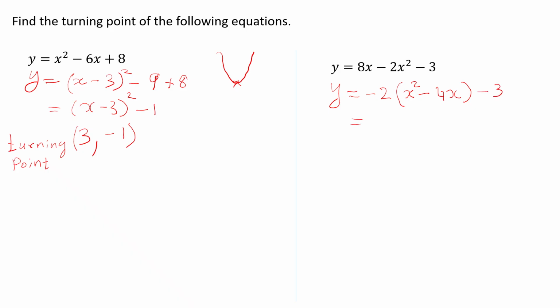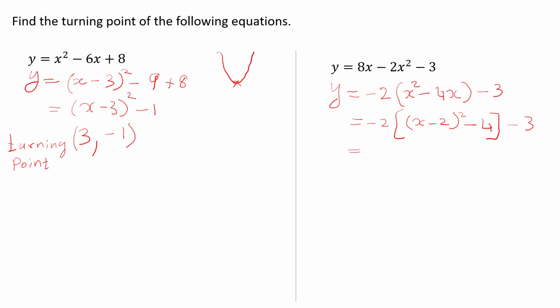Now I'm going to complete the square: minus 2 times (x minus half of the x term, which is 2, squared, then take away 2 squared, which is 4), minus 3.